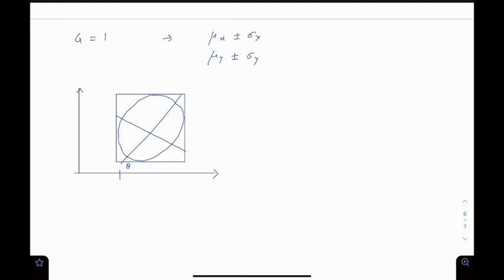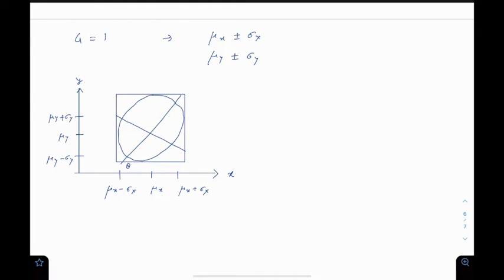Basically, the larger the correlation, the thinner is the ellipse.